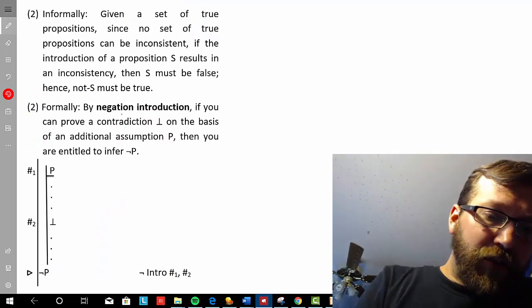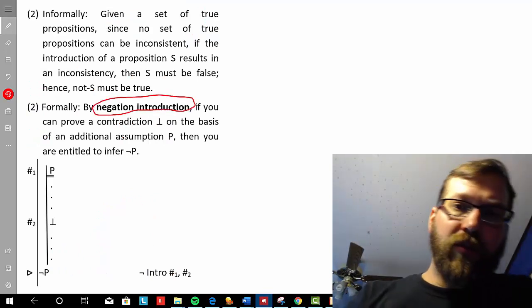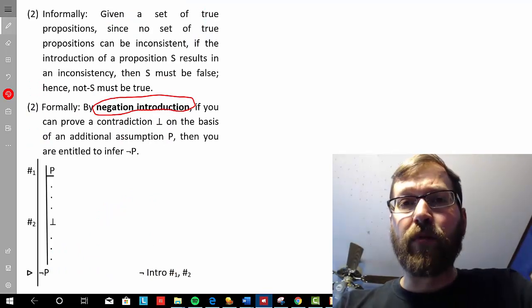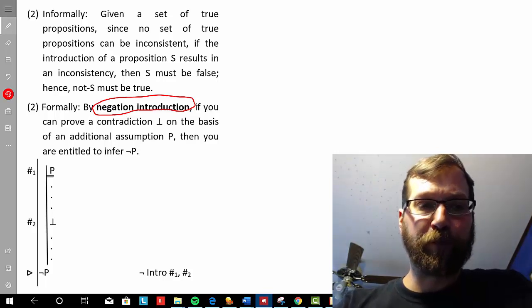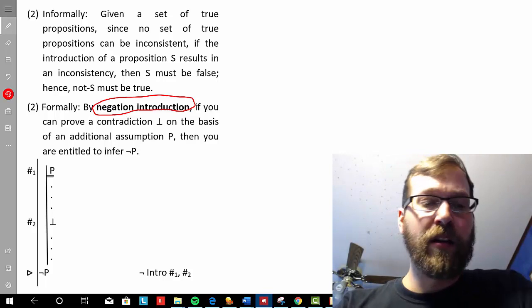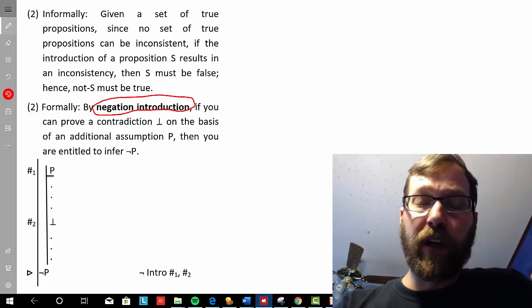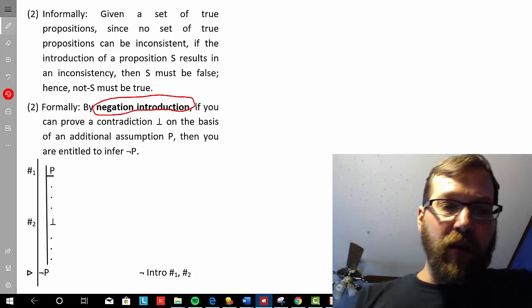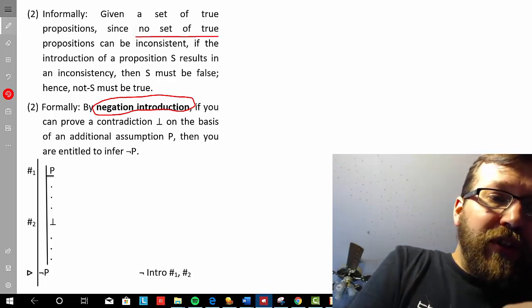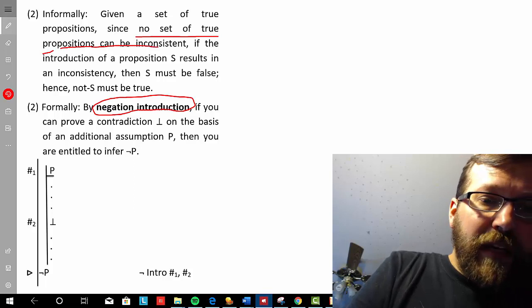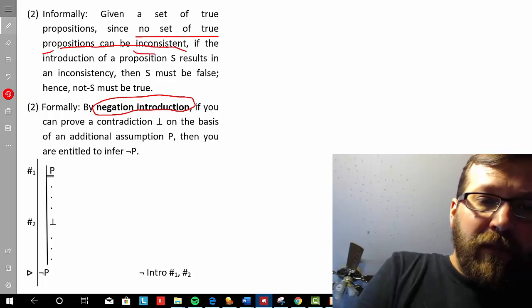All right, now let's turn our attention to negation introduction, or what is sometimes called indirect proof, or what is also sometimes called proof by contradiction. First, let's think about negation introduction informally. Part of the way that it works is that no set of true propositions can be inconsistent.